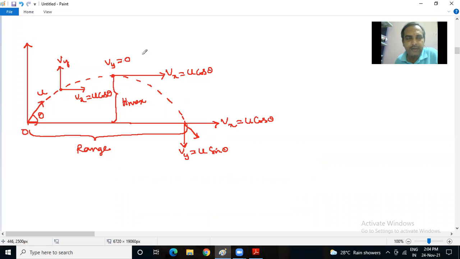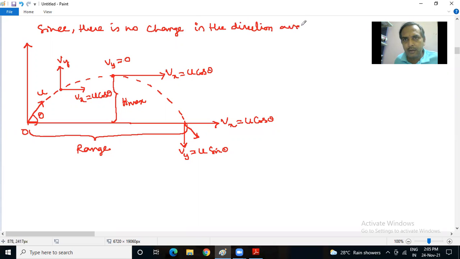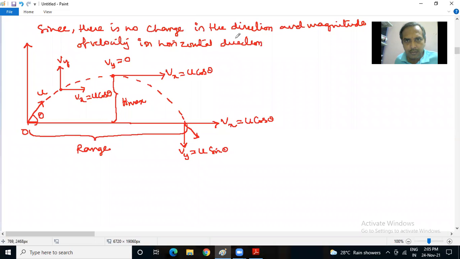Here one of the important points is, since there is no change in the direction and magnitude of velocity in the horizontal direction, it is the same.